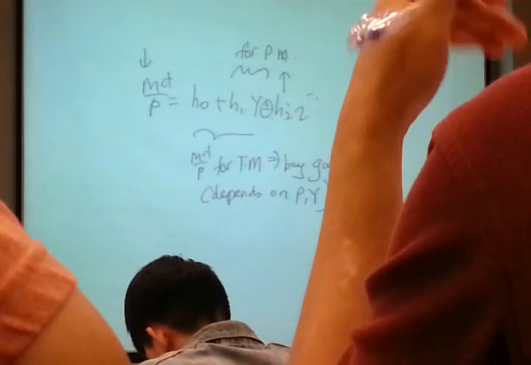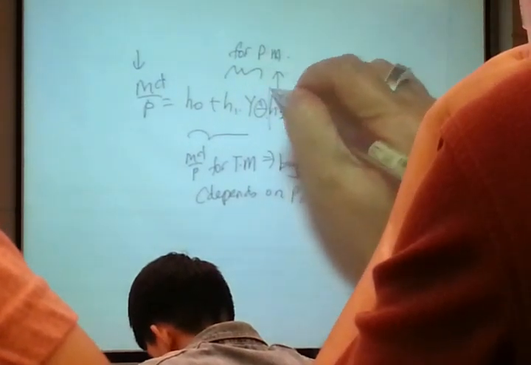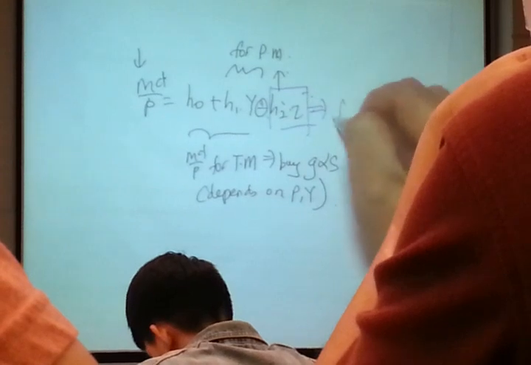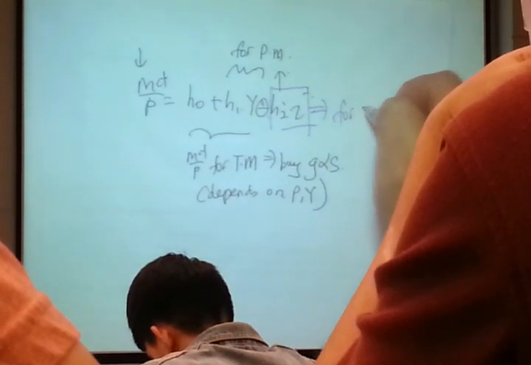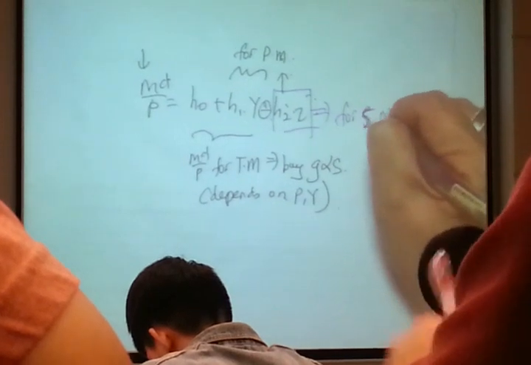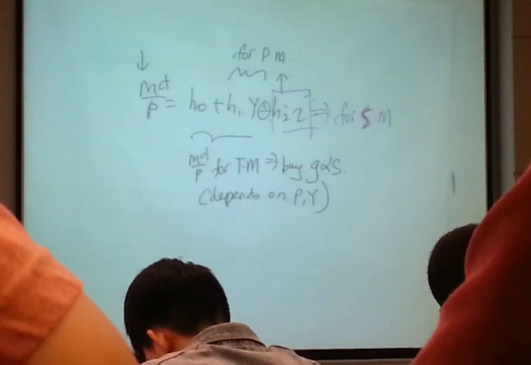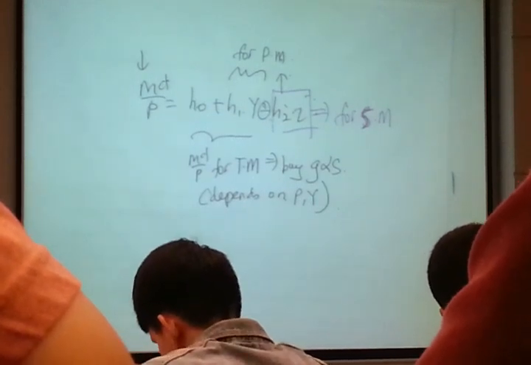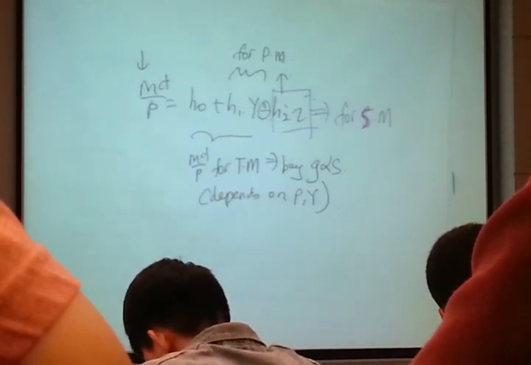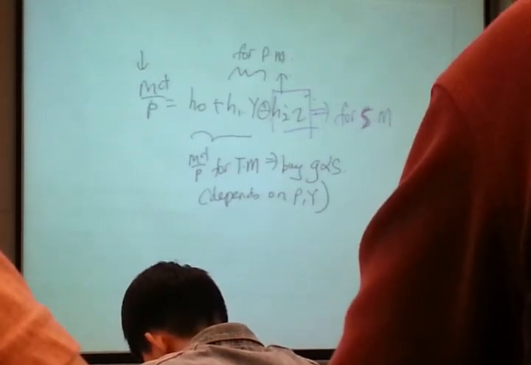Keynes says you hold money for three purposes: TM, PM, and the final part here is for speculative motive. You want to grow your wealth. You want to decide whether to buy or sell bonds.